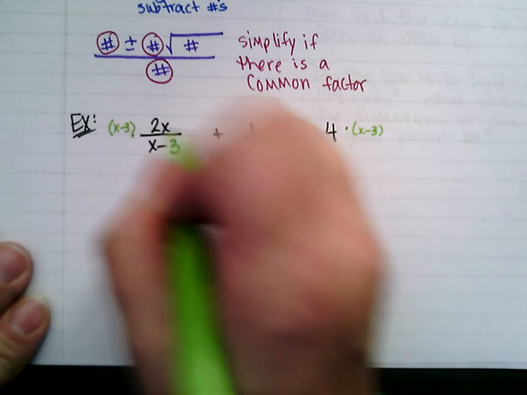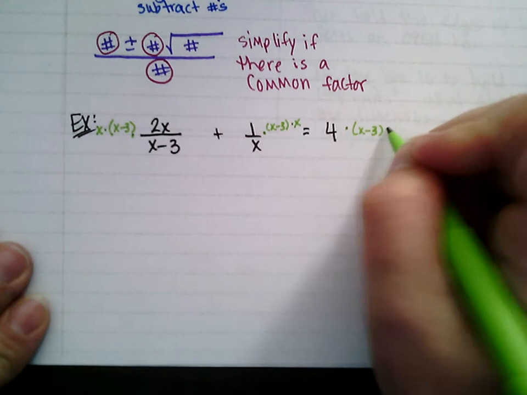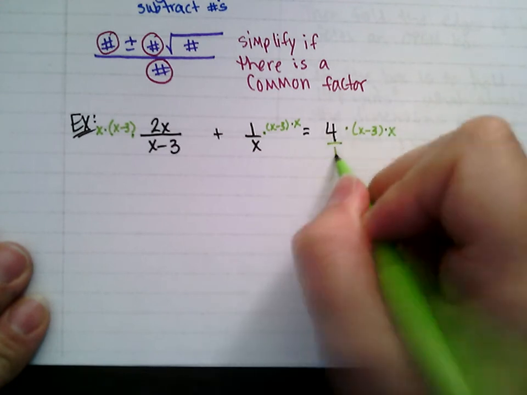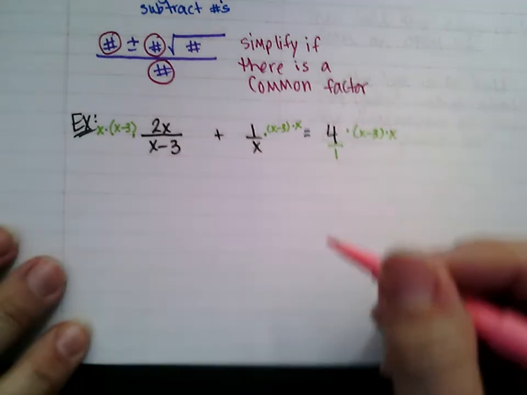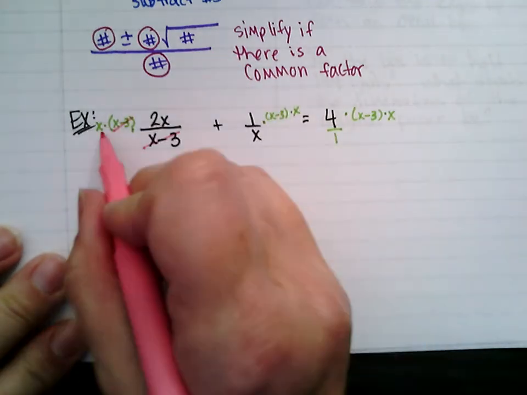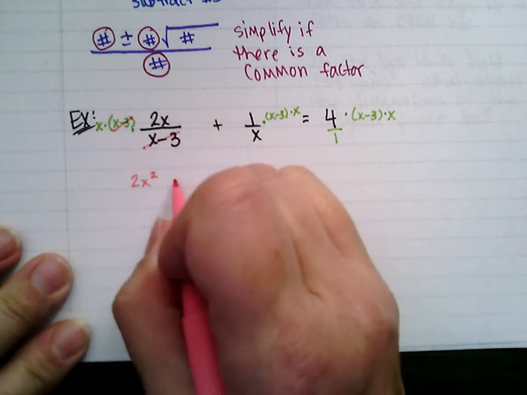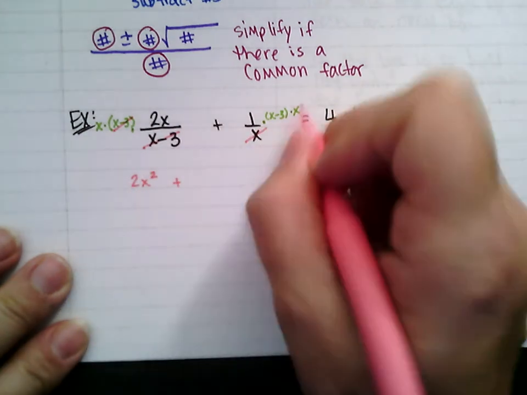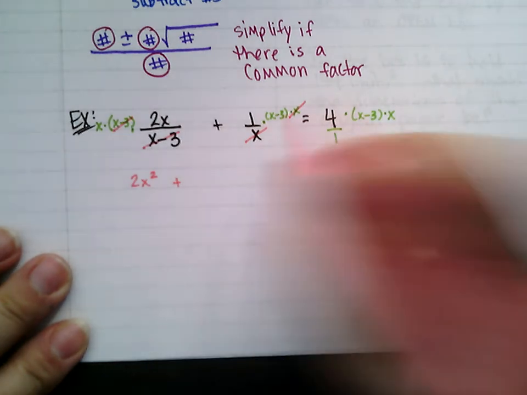We have x, that's part of our LCD. And then this term just has a denominator of 1, so we don't have to worry about it too much. It's just going to take care of itself. So working through that, the x minus 3s are going to cancel. I'm going to have x times 2x, so 2x squared, plus these x's are going to cancel. That's technically 1 times x minus 3.